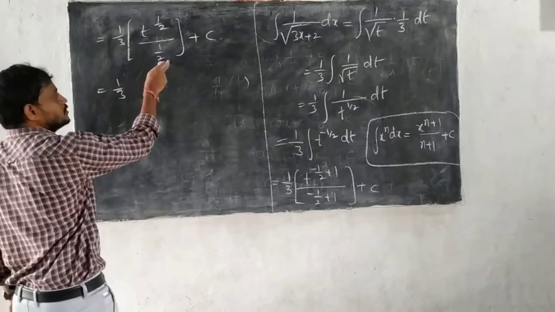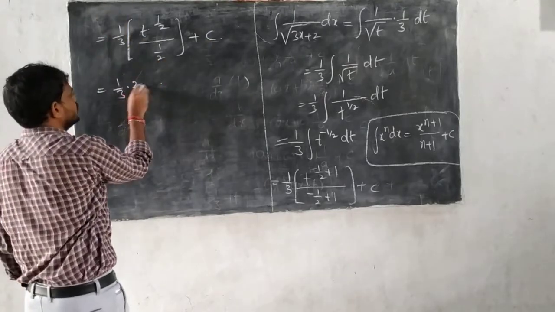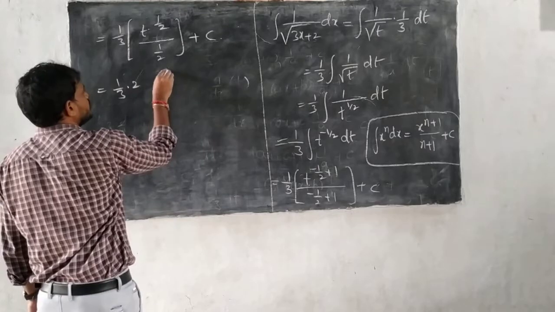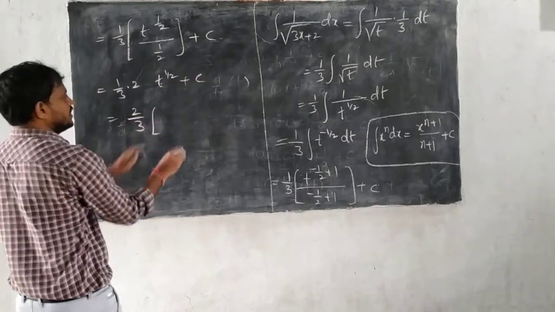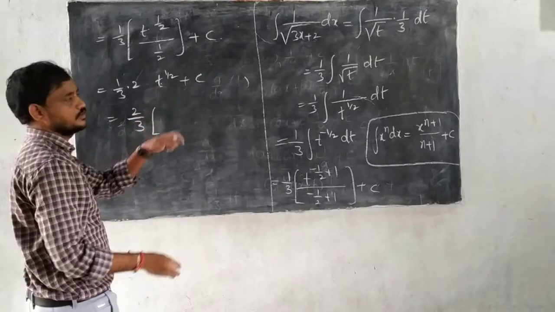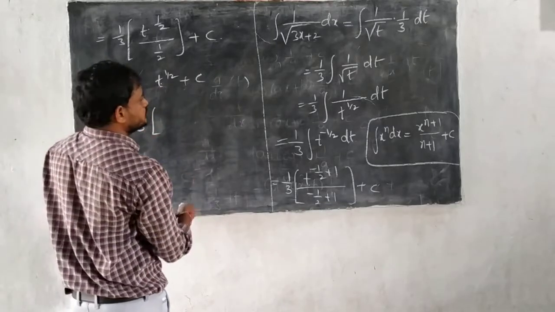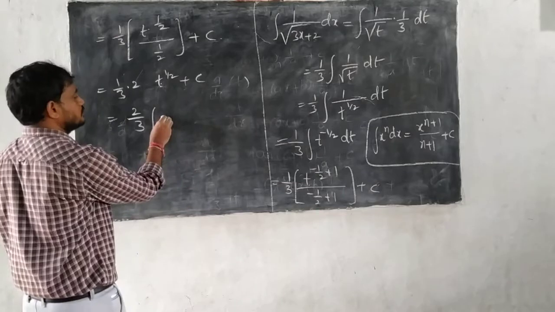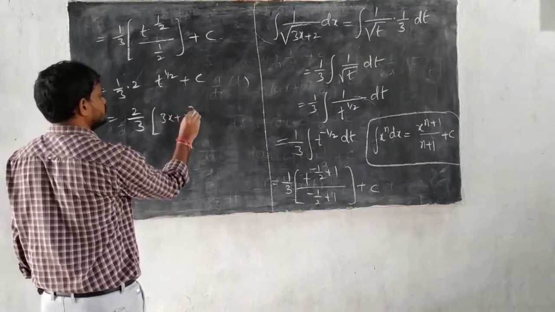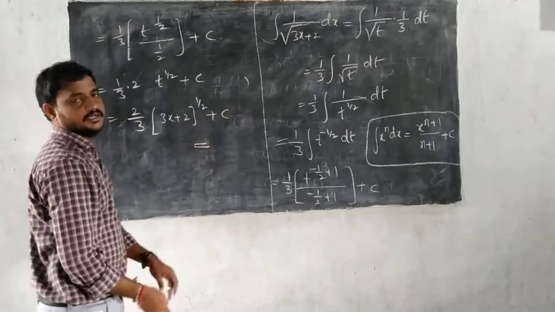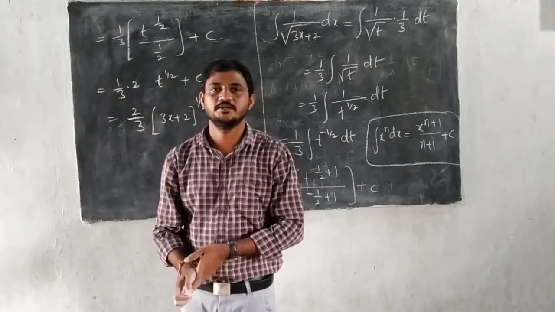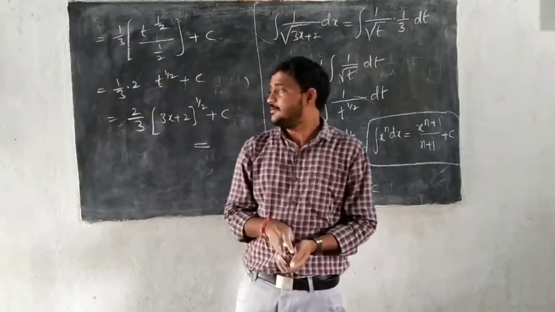Take this term to the numerator: 1 by 1 by 2 is nothing but 2, into t to the power of 1 by 2 plus c. That is 2 by 3 into the t value. What is the t value? 3x plus 2. So 2 by 3 into (3x plus 2) to the power of 1 by 2 plus c. So that is the integral of the given function.